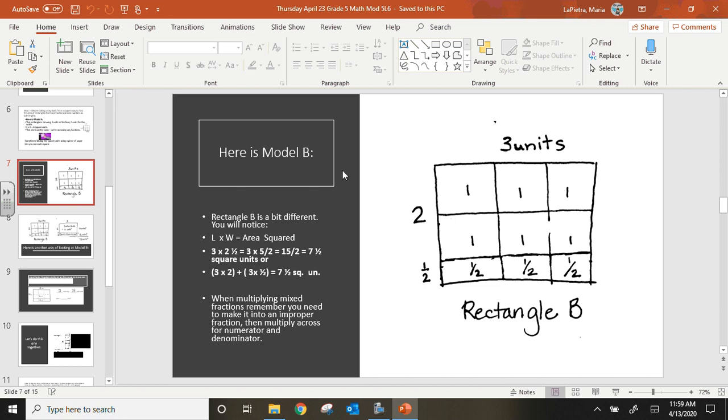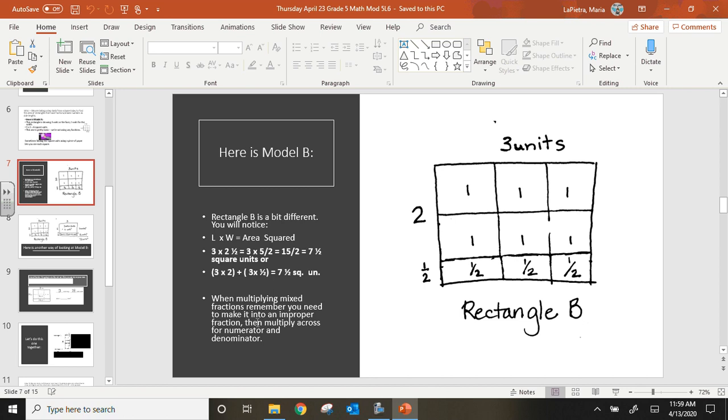Okay, so whatever you multiplied, you are adding them together, and you're getting your answer. Okay, 3 times 2 plus 3 times a half equals 7.5 square units.